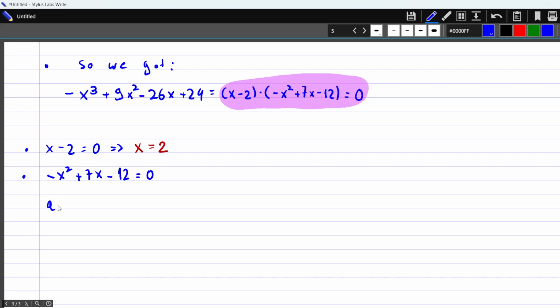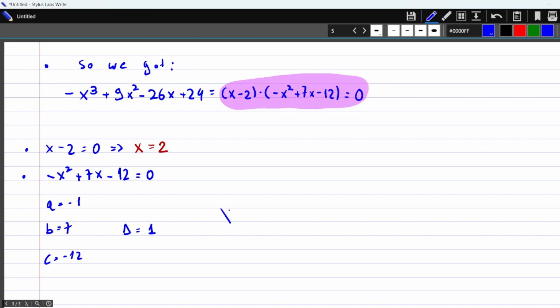So a is minus 1, b is 7, c equals minus 12, the discriminant delta is equal to 1. Again, I'm doing this a little fast so that the video doesn't get long. I have already explained this, and I'll put the link of the video in the description below.